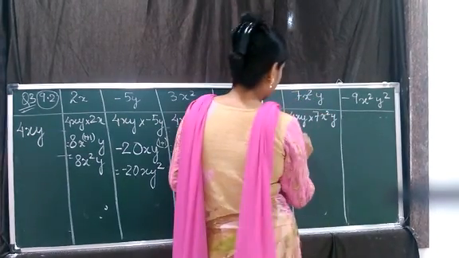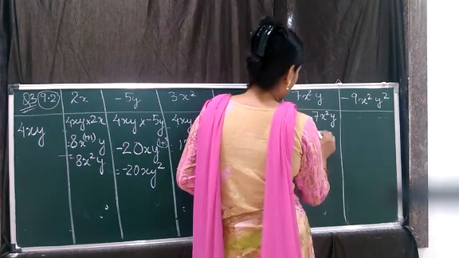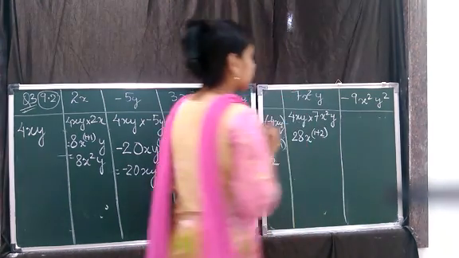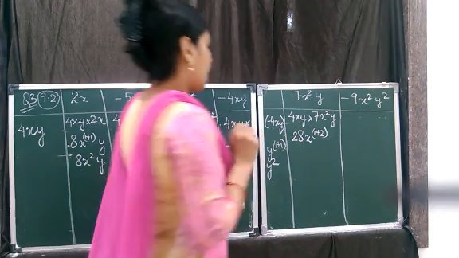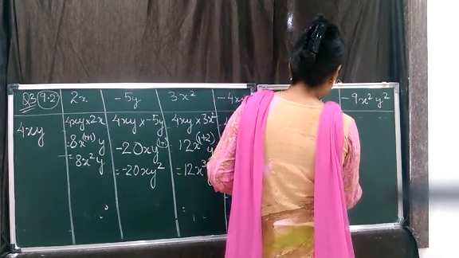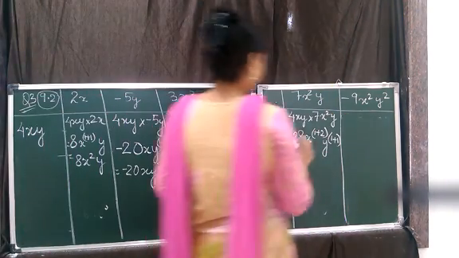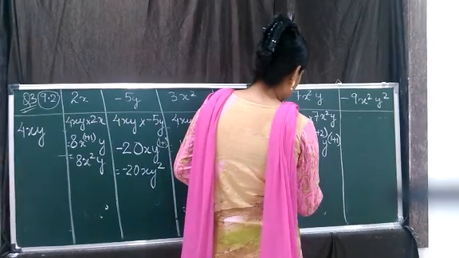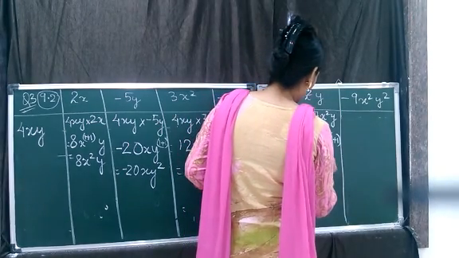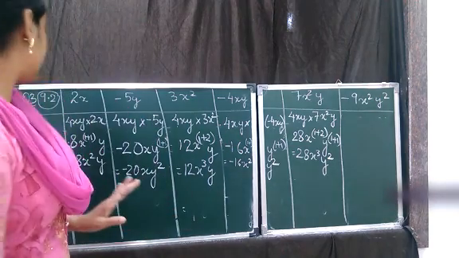So 4 sevens gives us 28. The power of x will be added because x is common. And then we go to y. Power of y will also be added, children. Why? Because again y is common in both the monomials. So 28 x cube y squared. Okay. So this completes the second last.